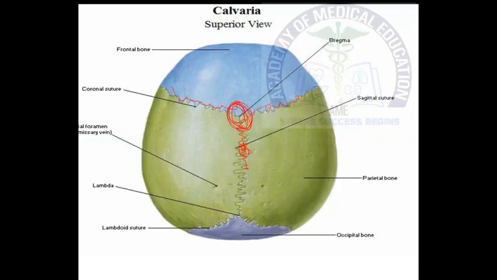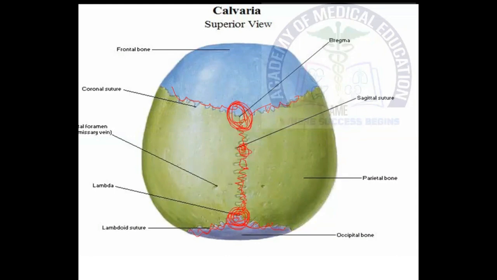Then the next important feature is called lambda. Lambda is the meeting point where the sagittal suture meets with the lambdoid suture, and it is also known as the posterior fontanel.